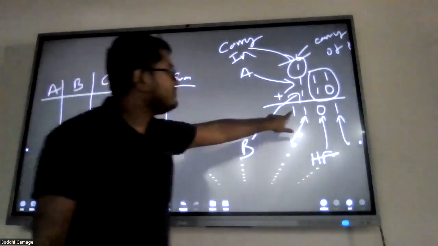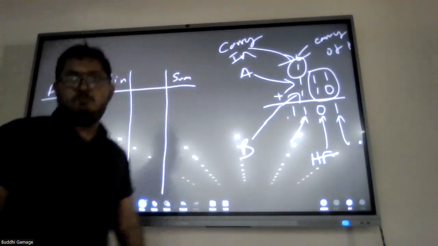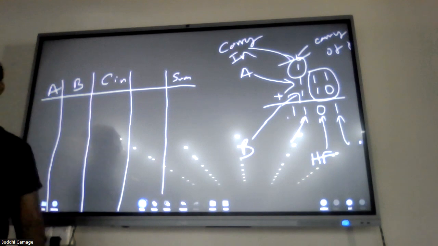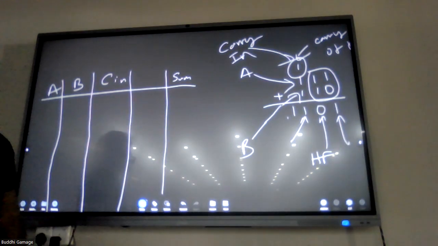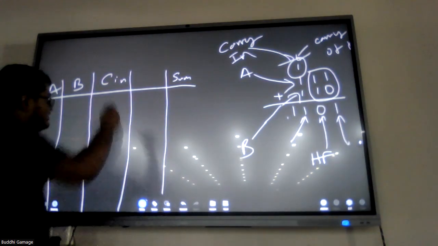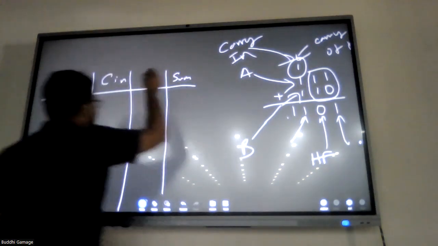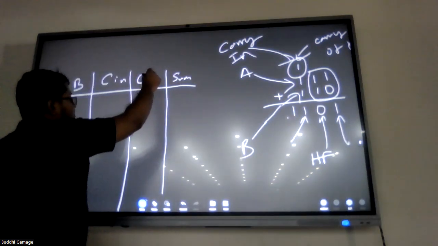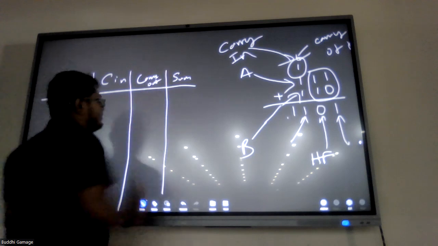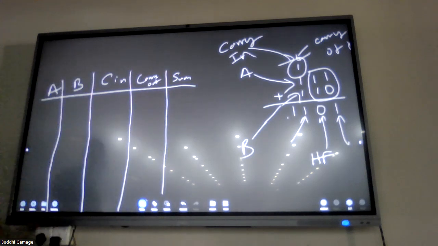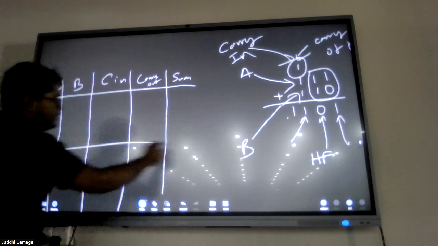So what will this be? It should be another carry bit, right? So let's say this is carry in. This we can simply say is carry out. Please fill this truth table.